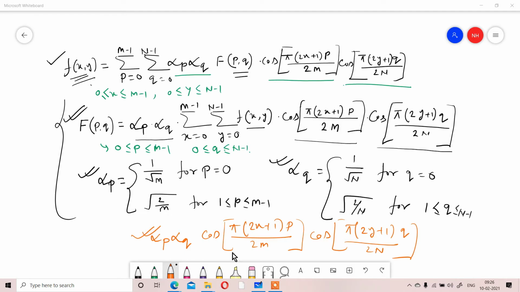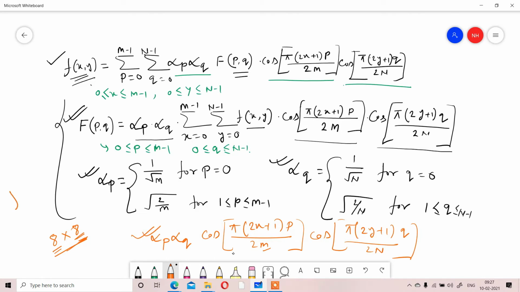Suppose we are considering square size, though you may not consider square size also. I am considering square size 8 cross 8, meaning m value is 8 and n value is also 8. That means the transformation matrix is of size 8 cross 8.